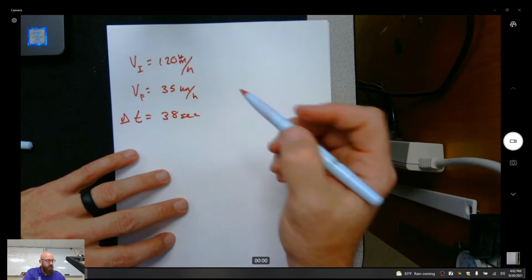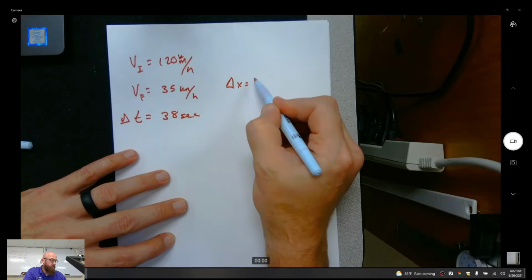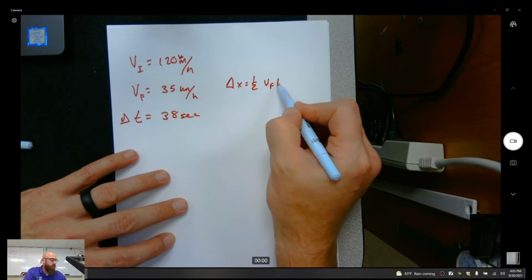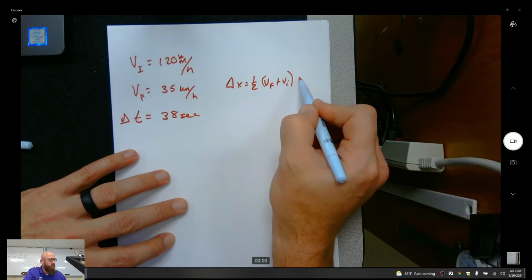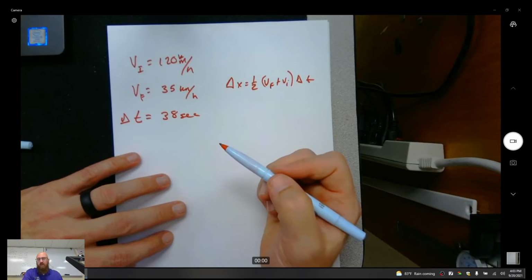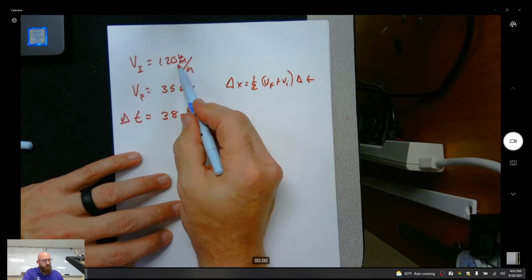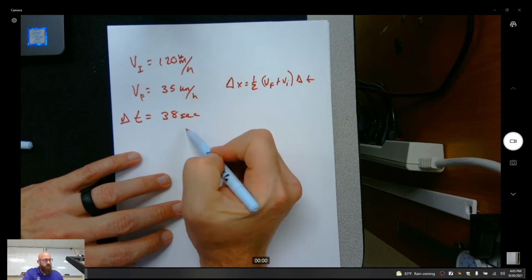Now a lot of you said, hey, I got this. Delta x equals 1/2 (VF plus VI) delta t. And you are partially correct. The problem is kilometers per hour to meters per second.